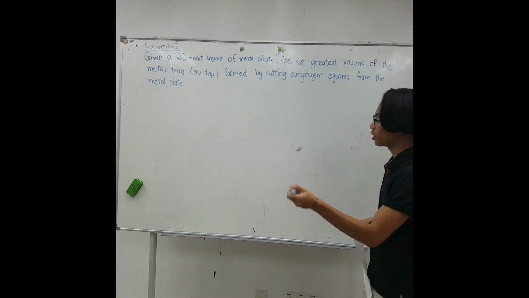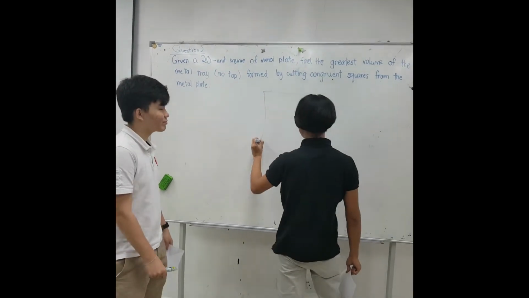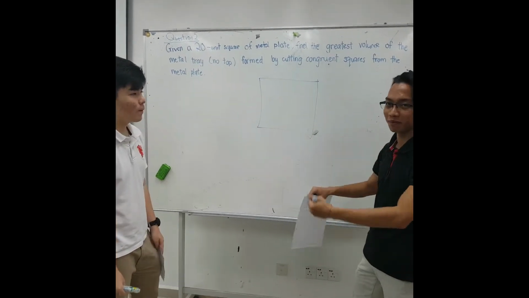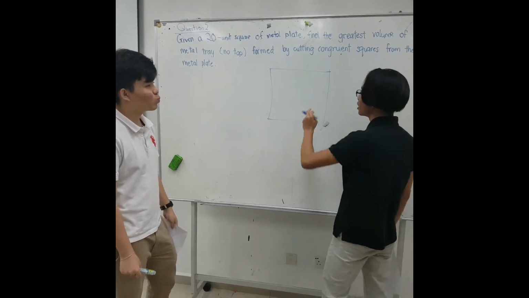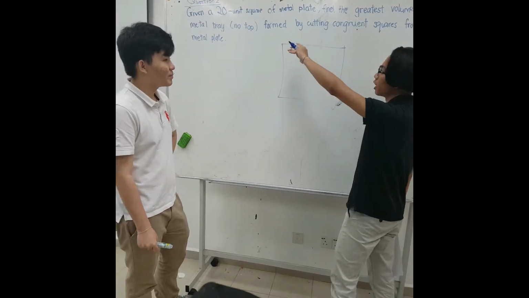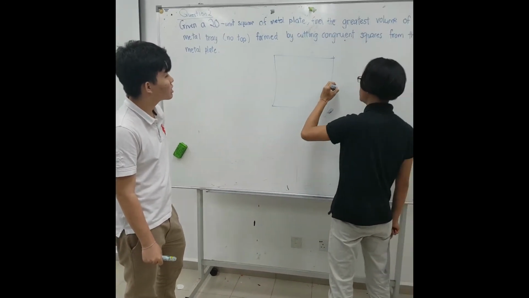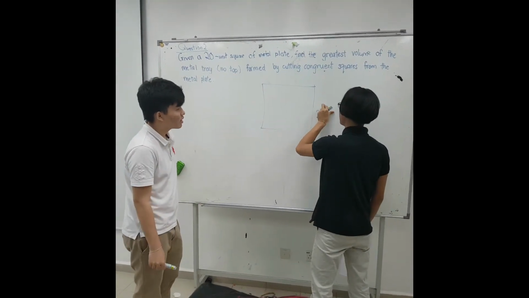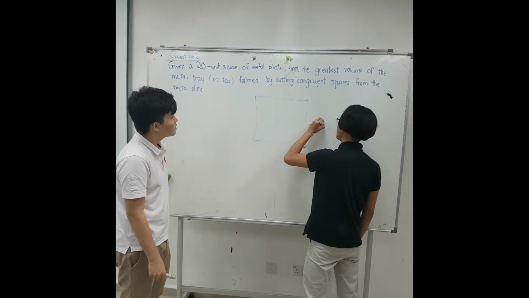Okay, so this is a metal plate, and it is square. Okay, so the size of each side of the metal plate is 20 unit.